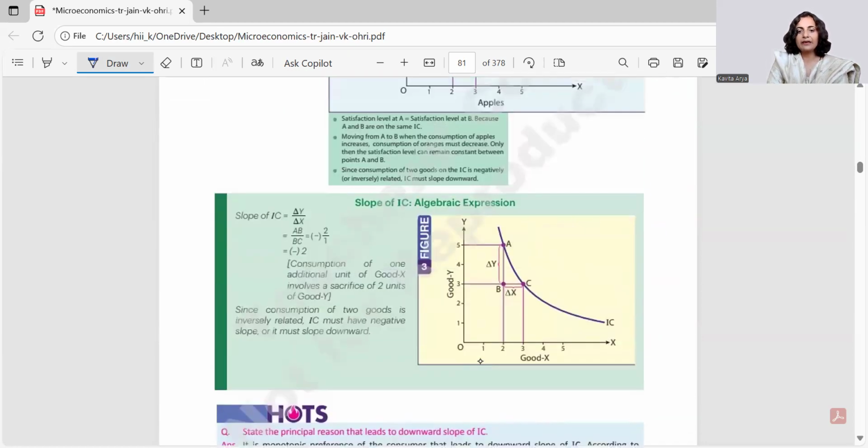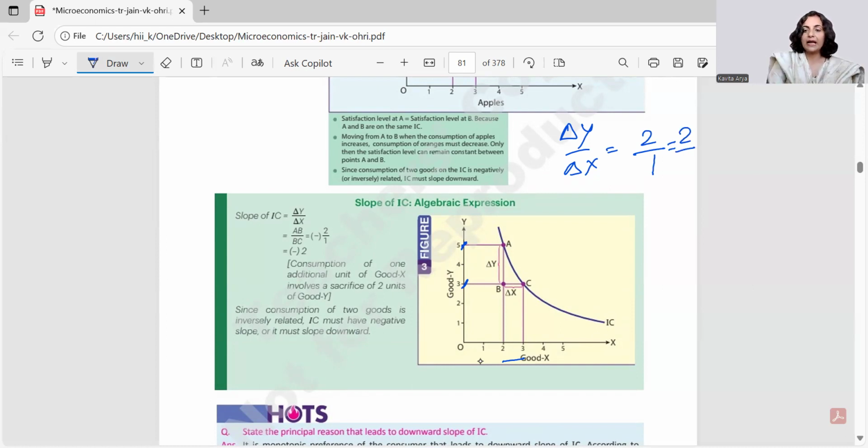Now, here if we talk about the slope we have already defined slope is delta y by delta x, and if you just check out numerically in this given figure, what's the loss of y from 5 to 3, it has gone. So the loss is 2. And what's the gain of x? It has gone from 2 to 3. So it's 1. So the slope is 2.